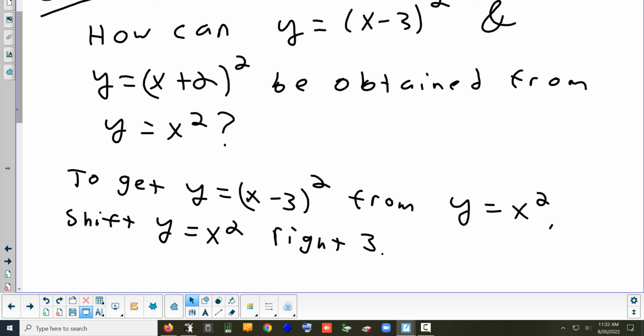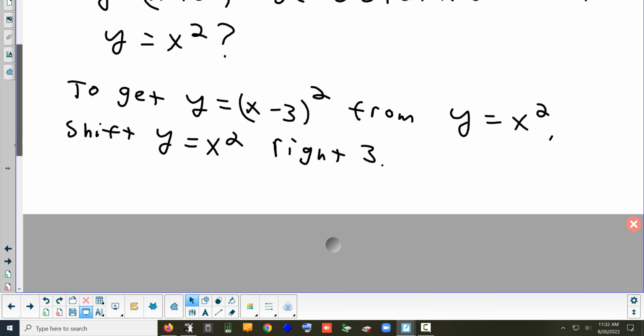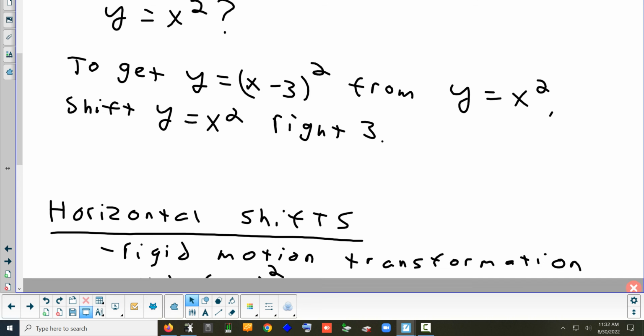If you wanted to get (x plus 2) squared, you would take the parent function and shift it left 2. So this, again, is another rigid motion transformation. It doesn't cause any distortion.